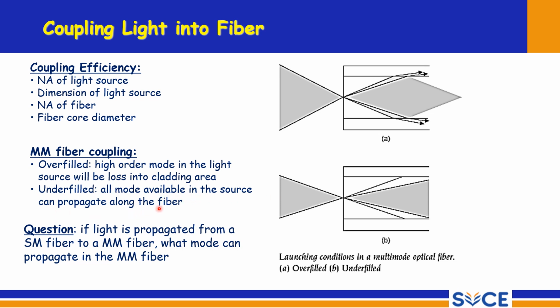So in underfilled, losses are lesser, and it is preferred over overfilled. So this is underfilled and this is overfilled. In overfilled, the rays are lost to the cladding area, so that is the drawback here.